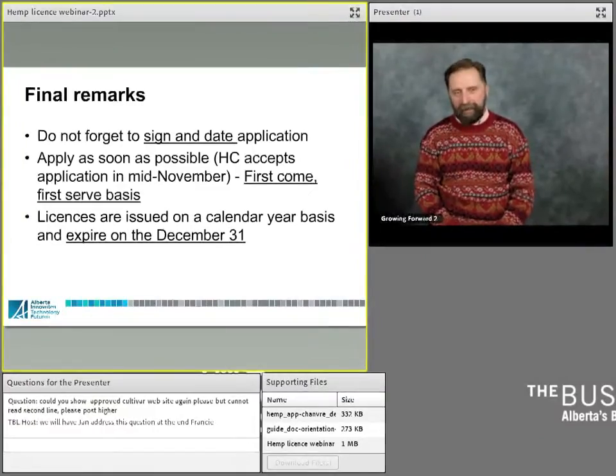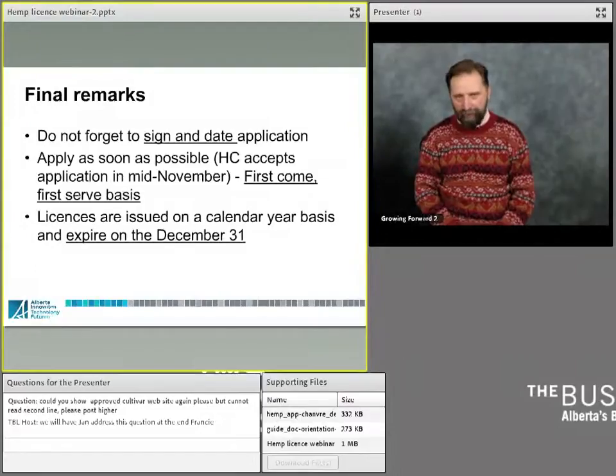Hemp can be grown as far north as the Peace Country, and there is a northern advantage to that, particularly as far as biomass and fiber are concerned.